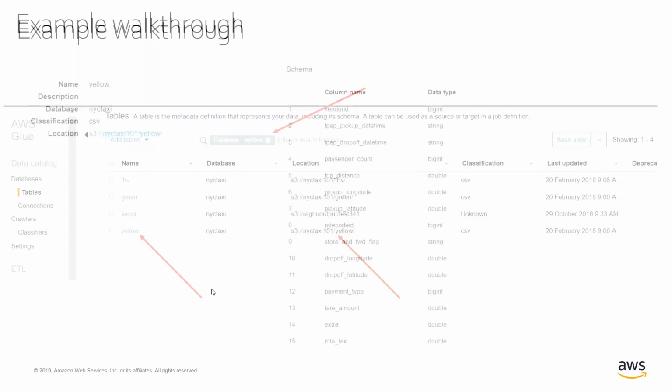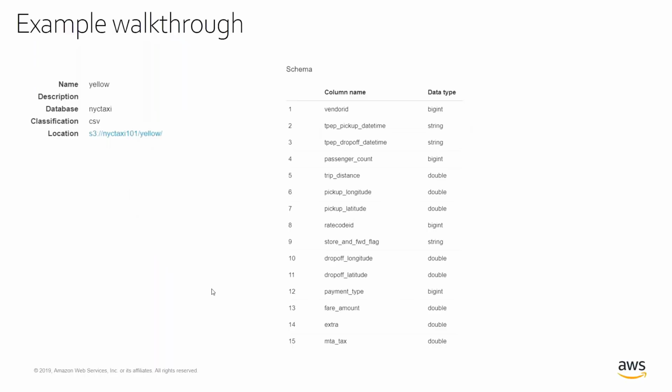Let's double click on yellow. Let's look at the yellow table and what it looks like. The table is yellow. It's under the database NYC Taxi. The data in this particular bucket, prefix yellow, is a bunch of CSV files. And as we bring the schema of the CSV files, this is what the schema looks like. So as you can see, this looks a lot like a real database table, with the single difference being that the data doesn't move.